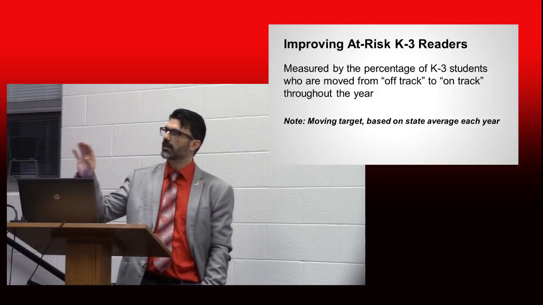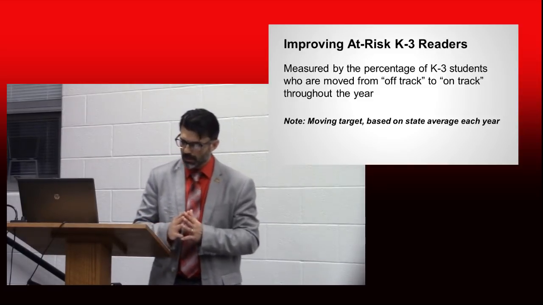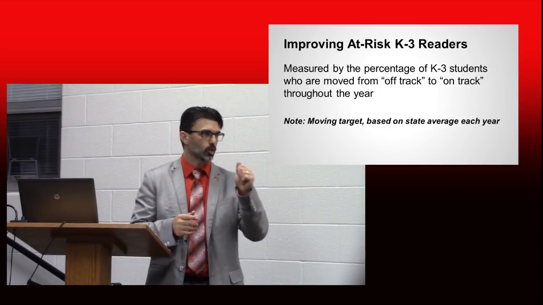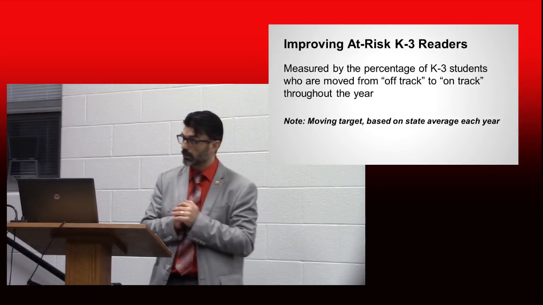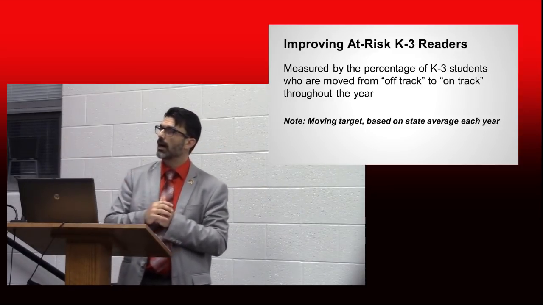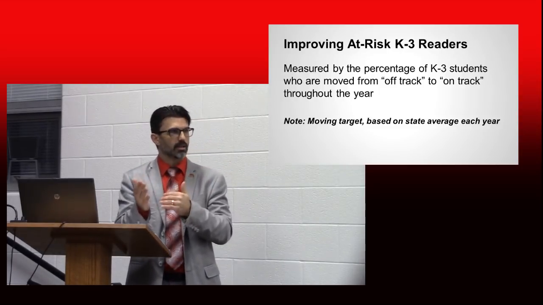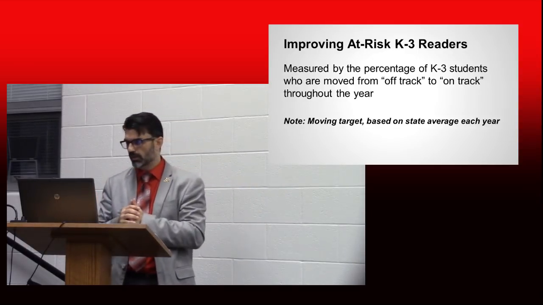And the way that this measure works is every one of our students, based on their test performance, is designated as being on track or being off track. Okay, so every student has that designation. And what this measure determines is what percent of our kids moved from being off track to being on track. Okay, so that's what this measure is.